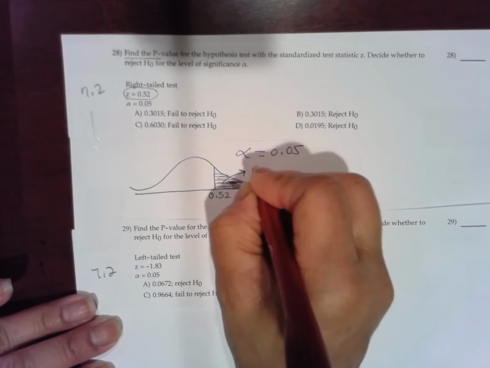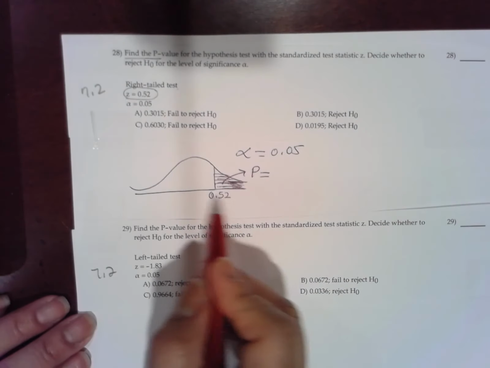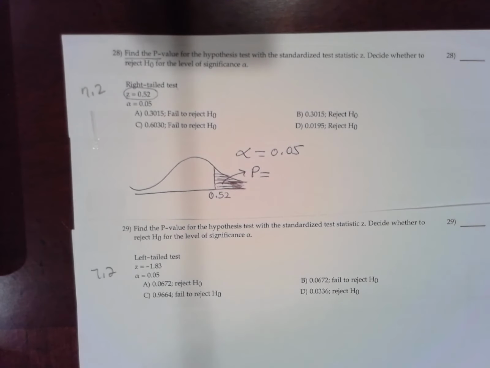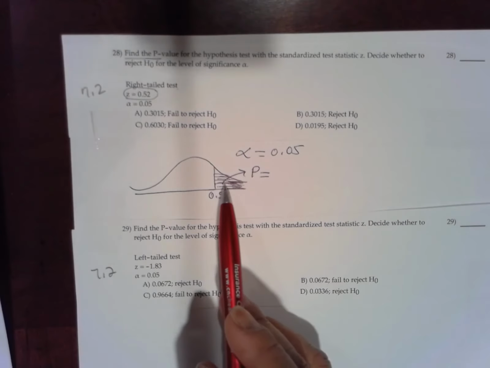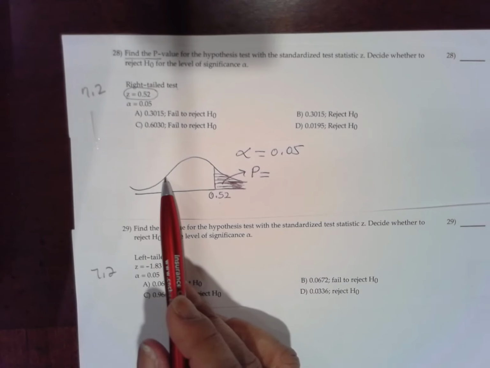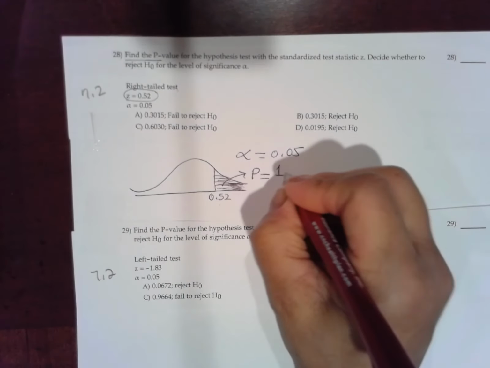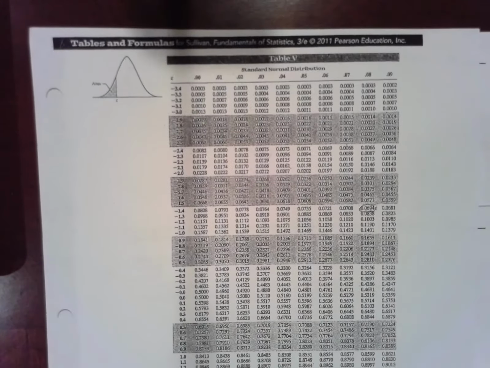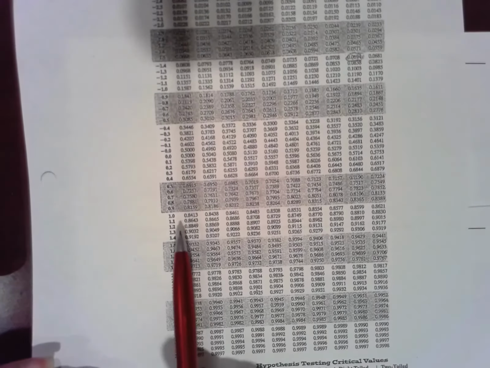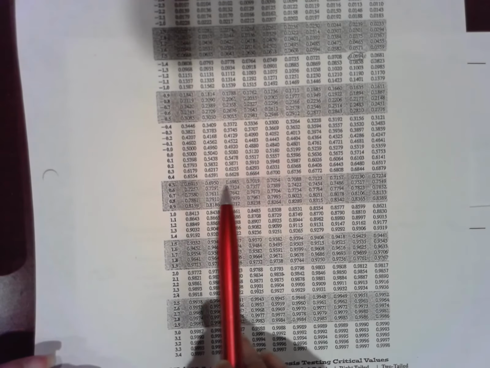Once we find the p-value, what is it? The p-value is going to be the area to the right of 0.52. Remember that the z-score tables that we have give you the area to the left. So I'm going to find 0.52, this area here, and in order to find the p-value, I'm going to subtract that answer from 1. If you look at the z-score table, positive 0.52 is in the 3rd column.